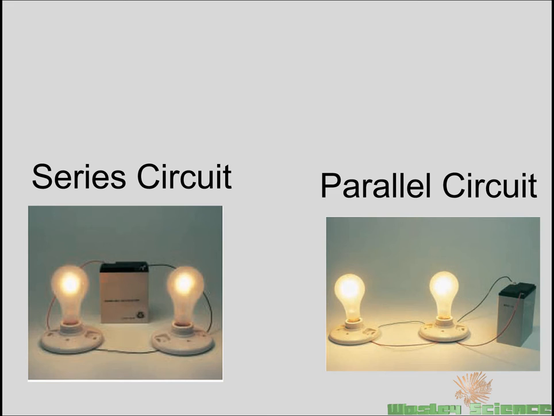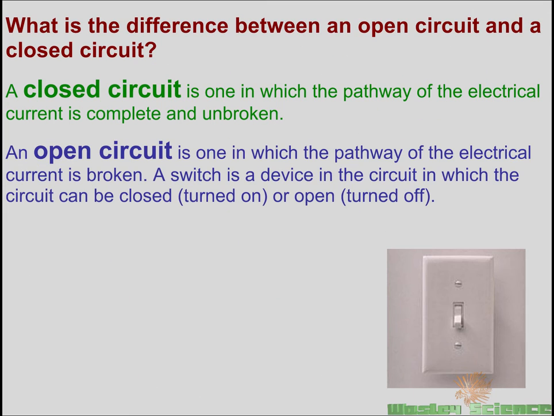So now that we've talked about parallel and series circuits, let's talk about open and closed circuits. Open and closed circuits is something that you could have with either a series or a parallel circuit. A closed circuit is one in which the pathway of the electrical current is complete and unbroken.